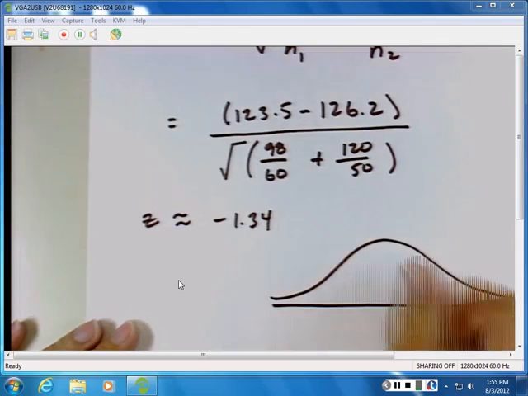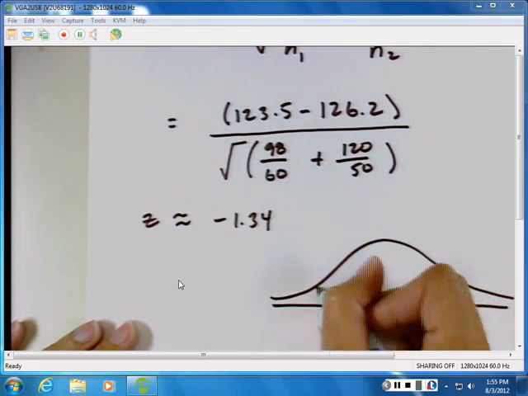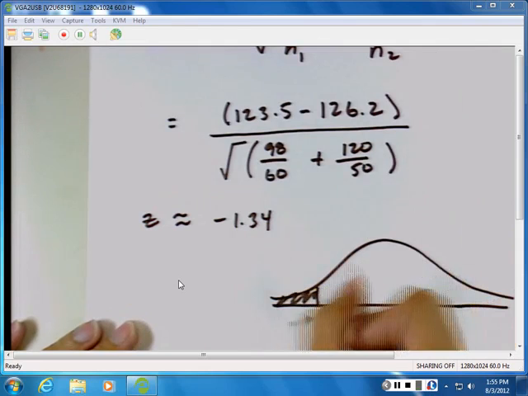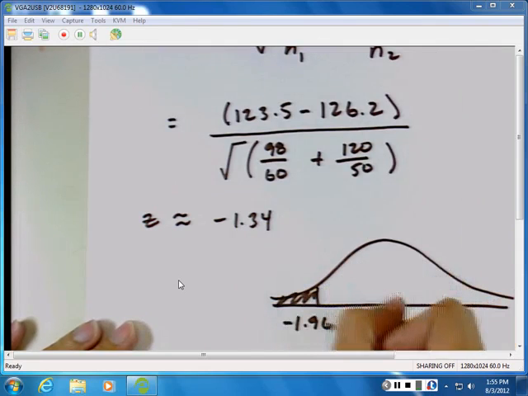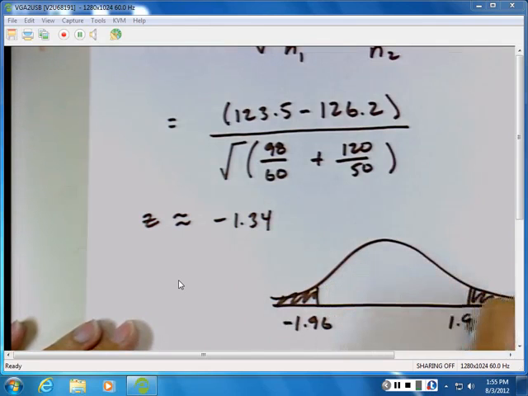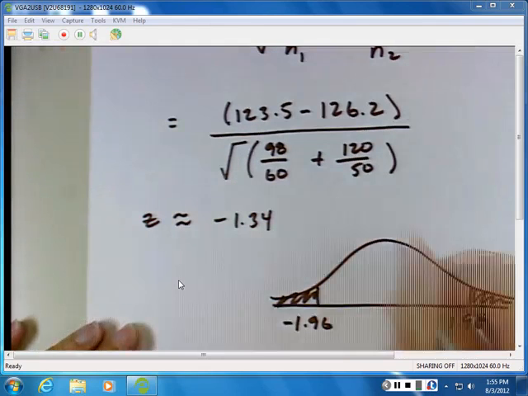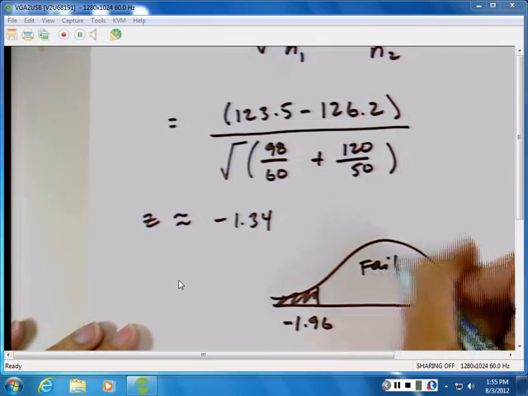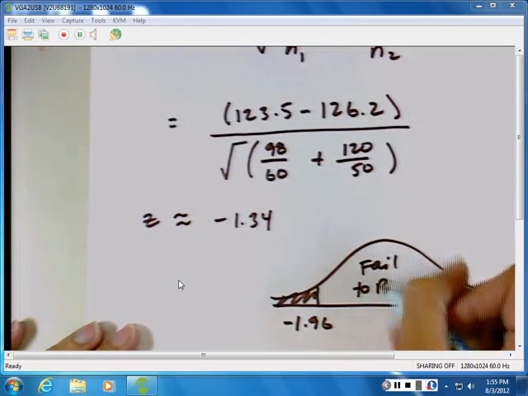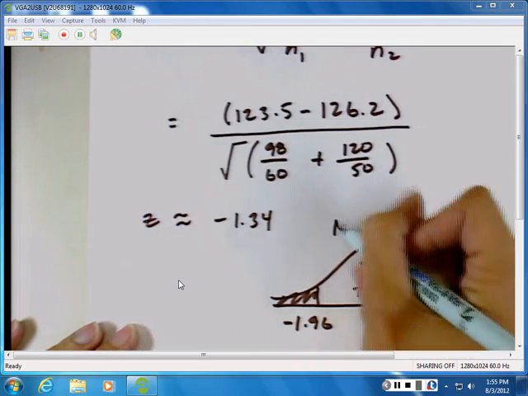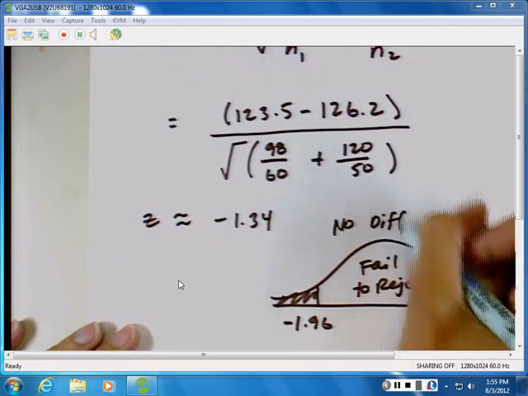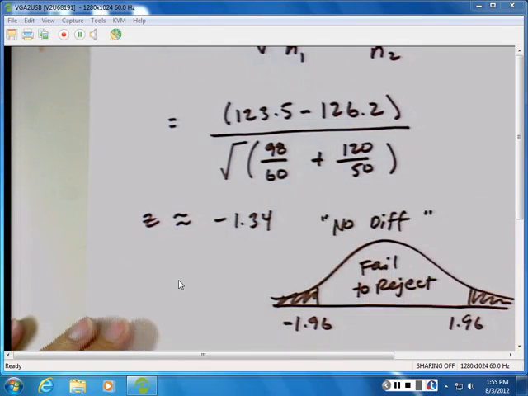Okay, so remember that normal curve that we had put up here before. I am looking for a significant difference. So if I am in between those critical values of negative 1.96 for a z and positive 1.96 for a z, I'm going to fail to reject the null, which means no difference, no significant difference. I'm just being lazy.